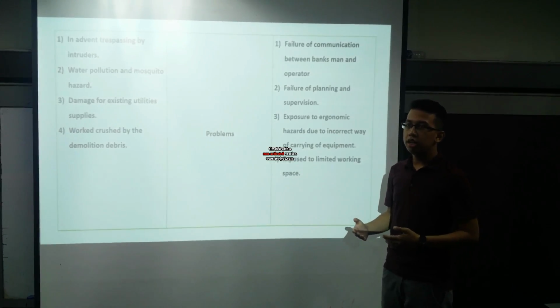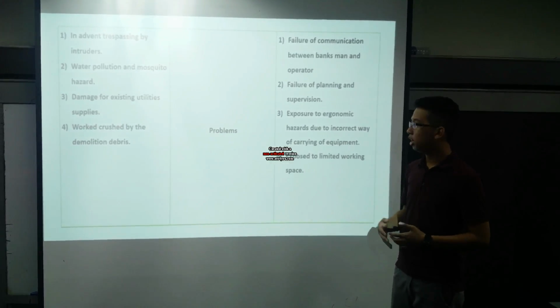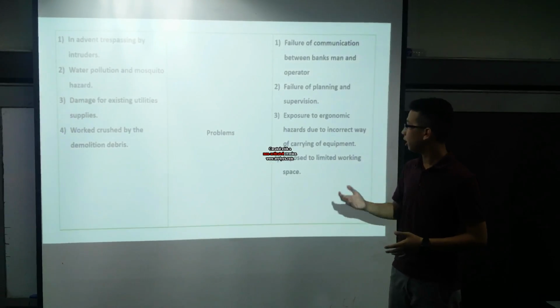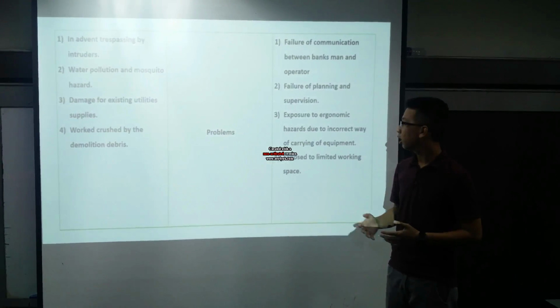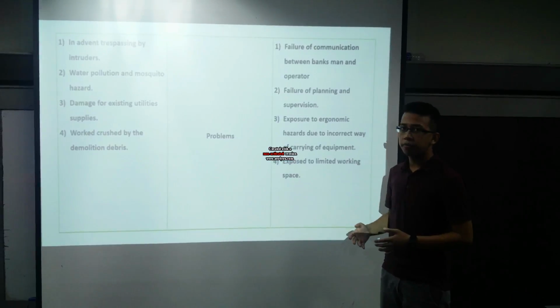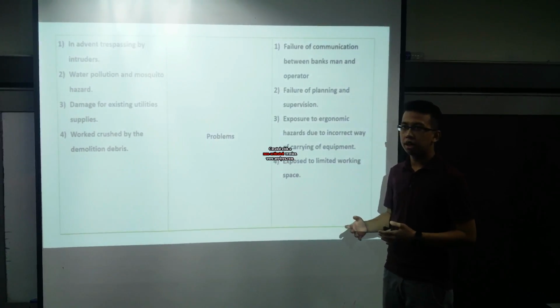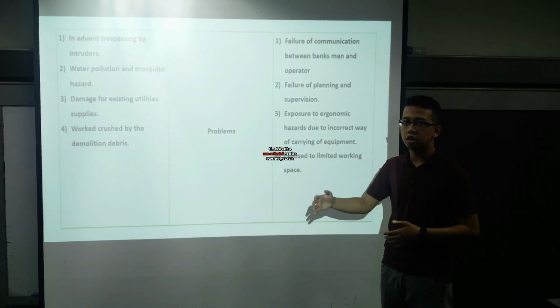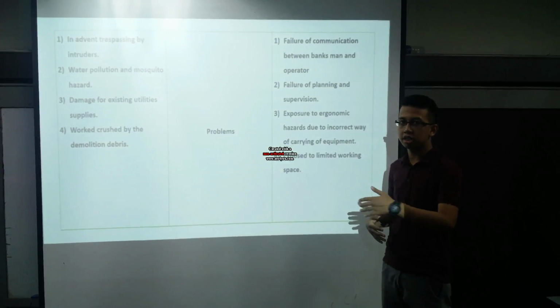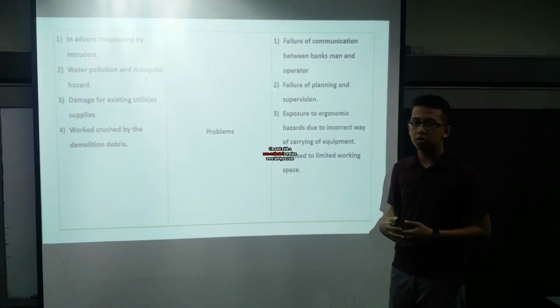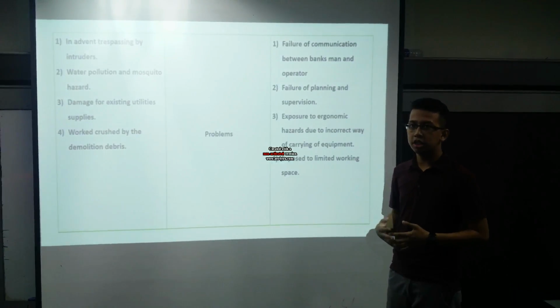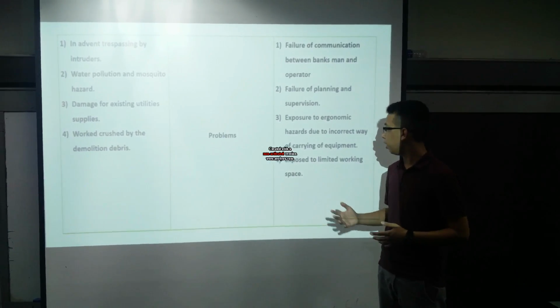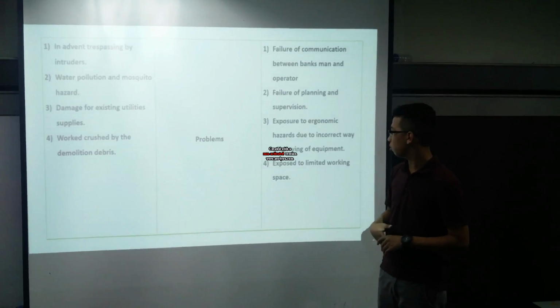The inexperienced labour handling equipment affects the surroundings, and it concerns everyone because the Ajinomoto factory is not totally demolished; there are some areas still being used and functioning as normal. And the final one is exposure to limited working space.